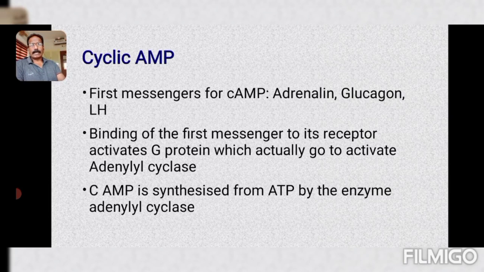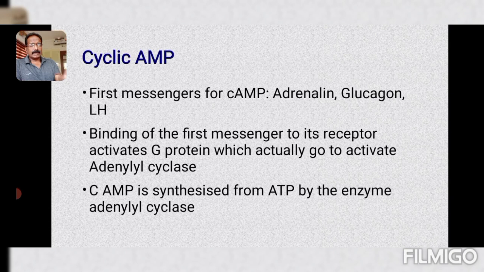It's a hydrophilic molecule, and the first messengers of cyclic AMP are adrenaline, which is epinephrine, glucagon, another hormone, namely LH. And all these first messengers attach to the cell membrane on a particular receptor called G protein coupled receptor. So that receptor gets activated, the alpha subunit gets activated, and goes on to activate a membrane bound enzyme, namely adenylyl cyclase.